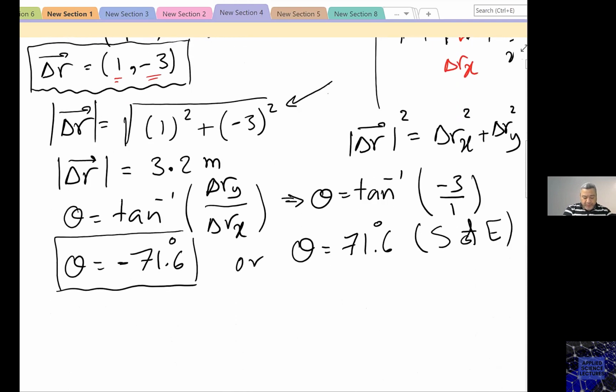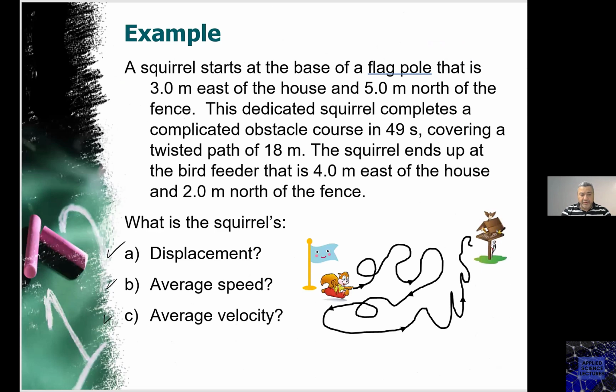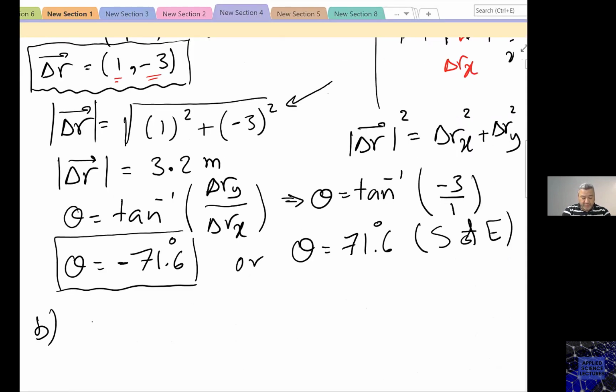Now let's move on to B, average speed. What is the average speed? This is something we've done before. Average speed is the total distance, which is 18, divided by the total time, which is 49, right?